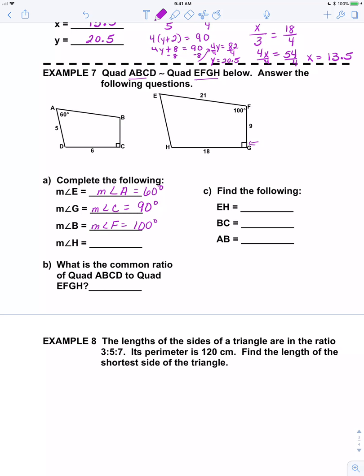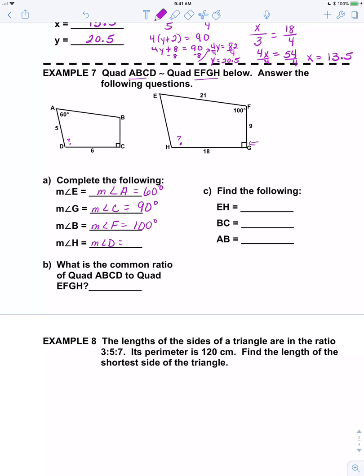So then H, well, how are we going to find out what H is if we don't know what D is? Well, do you remember that all quadrilaterals should equal 360 degrees? So we could see what's missing.